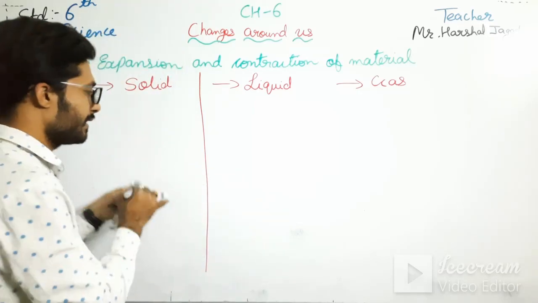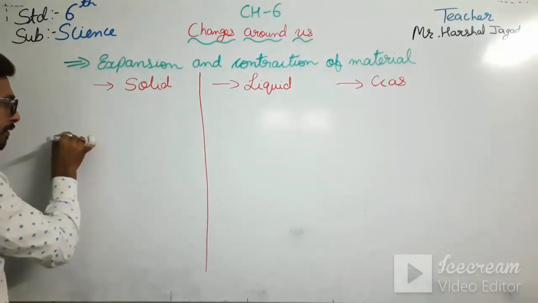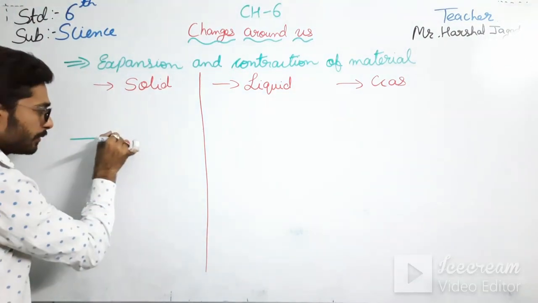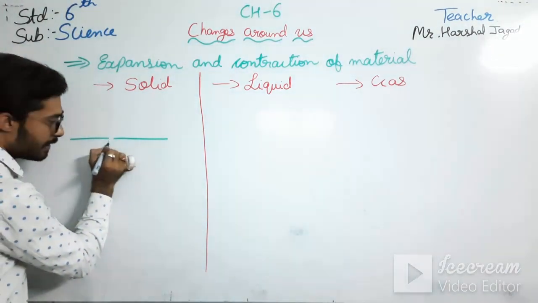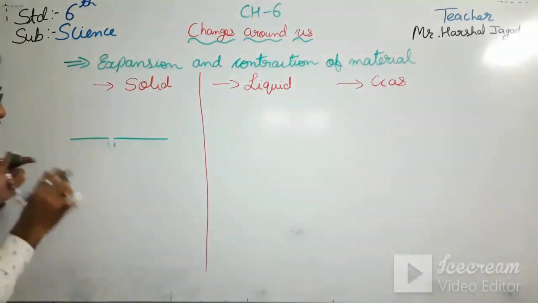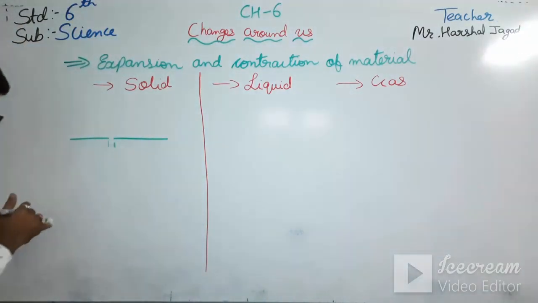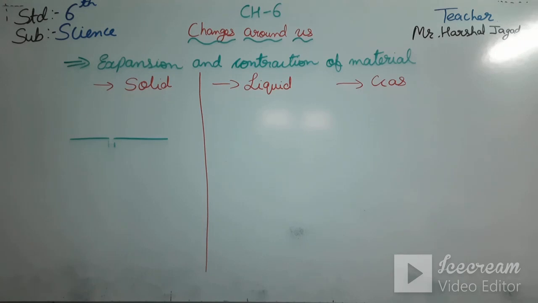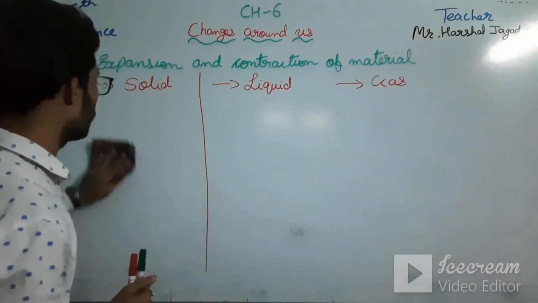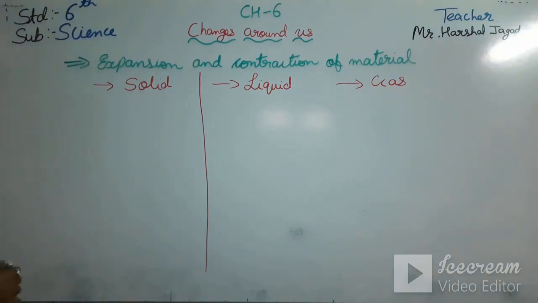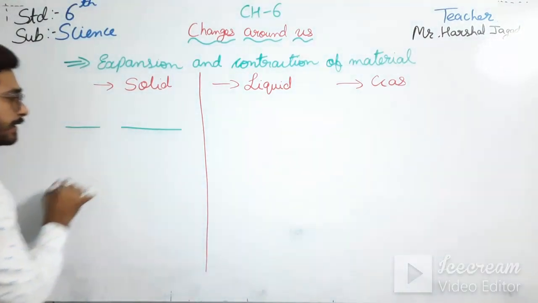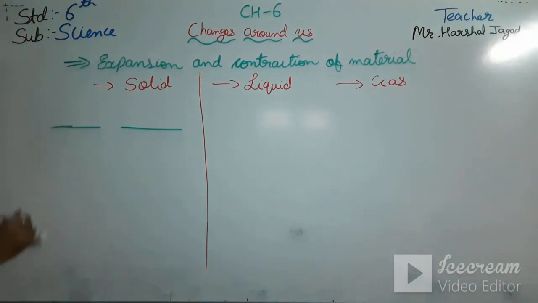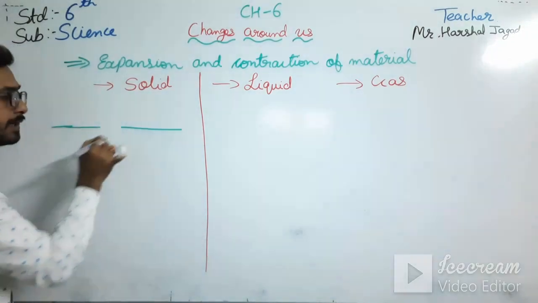If there is no space, the rail line will be like this. Let me draw the gap bigger so you can see it properly. Why is this gap there between the two rail lines?